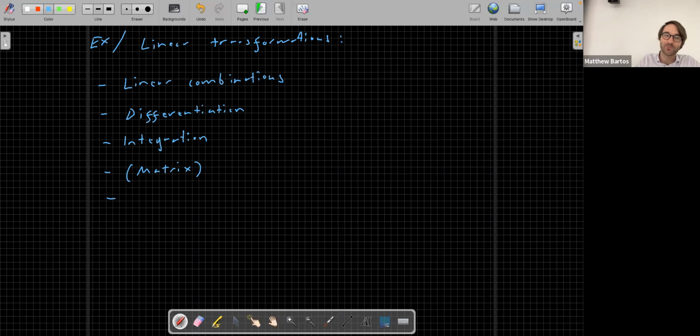Laplace transform. What's another one that's related to the Laplace transform? Sorry? Okay, inverse as well. Fourier transform.